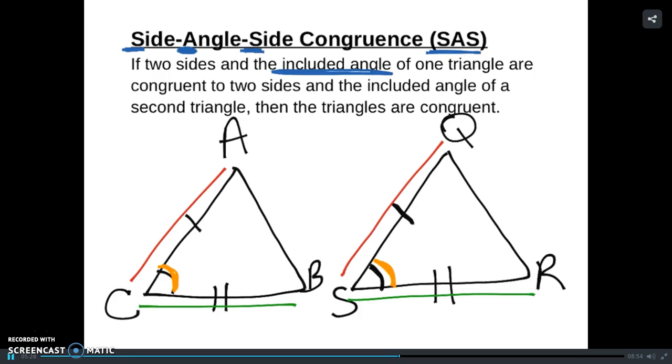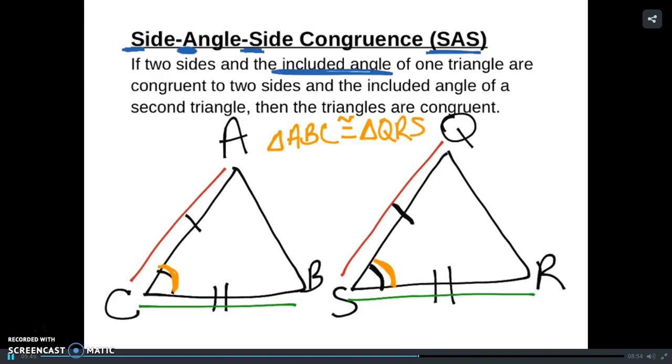So in this case, I would know that these two triangles are congruent, and I would be able to write myself a nice little congruence statement. I'd be able to say triangle ABC is congruent to triangle QRS.